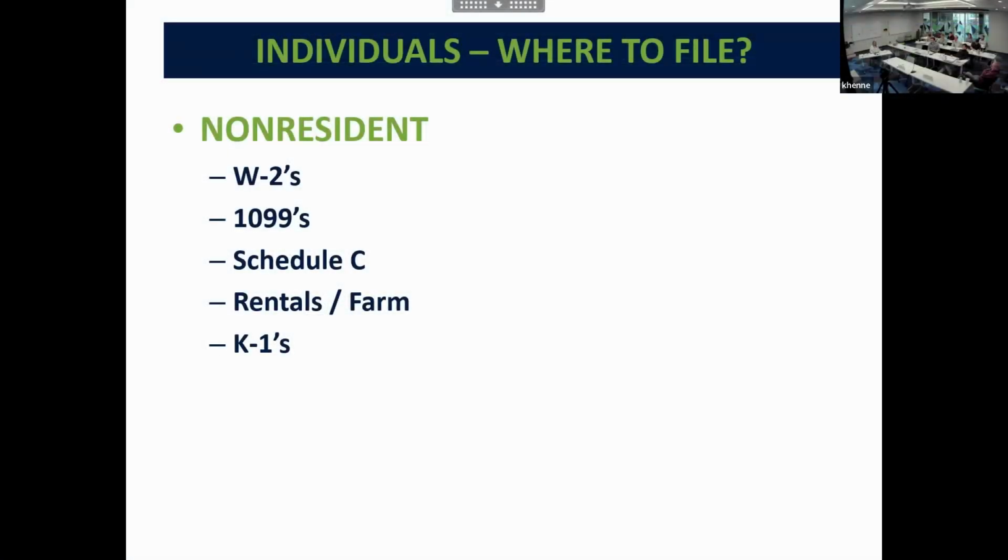Rentals and farms are a little more common. You might live in Nebraska and own a farm in Kansas, or have a rental in Arizona. For any income you're making off of a farm or a rental that's not in Nebraska, we have to file a return in those states and pay tax to those states for the income we're earning there, because we physically exist there, right? We own a house there, we own land there, or whatever.